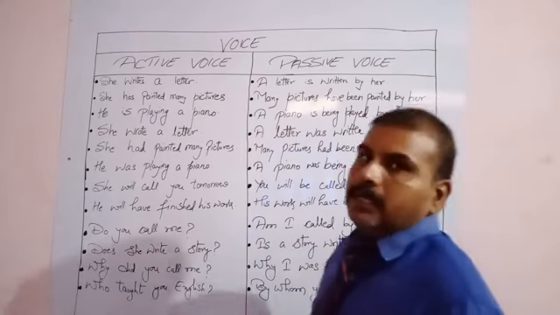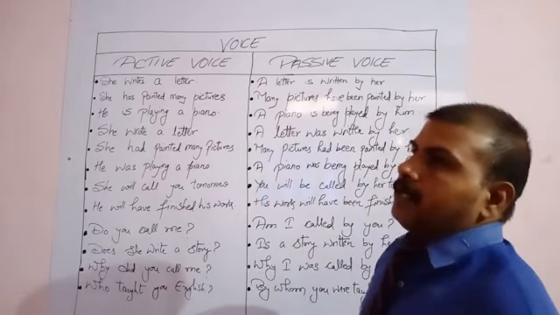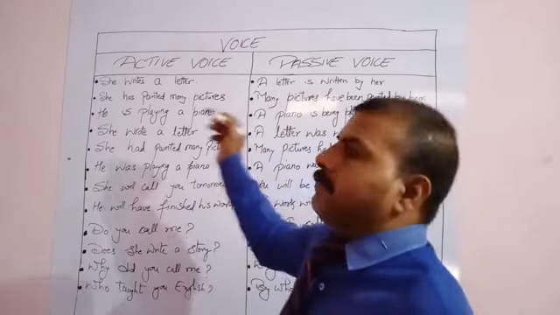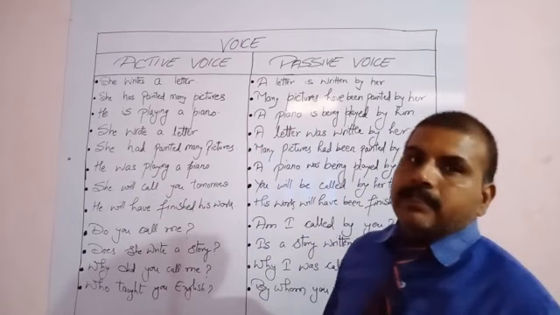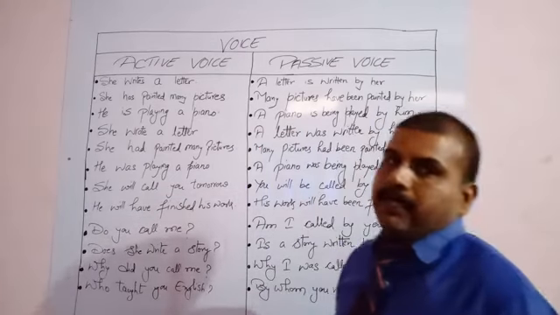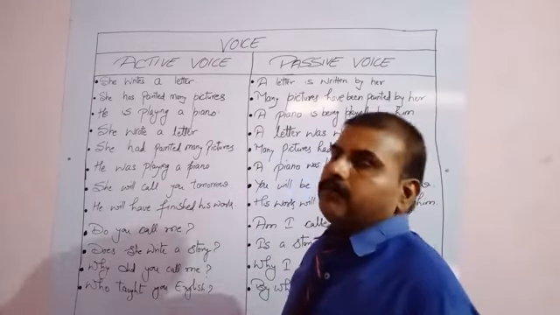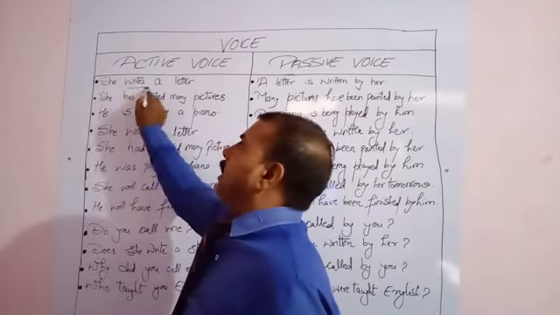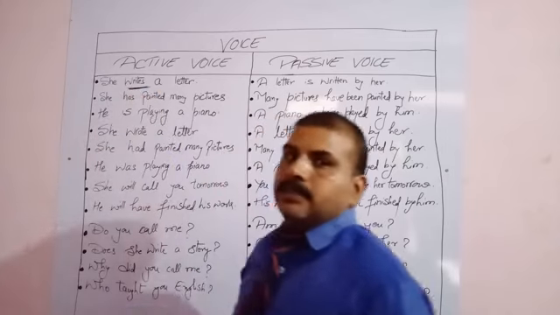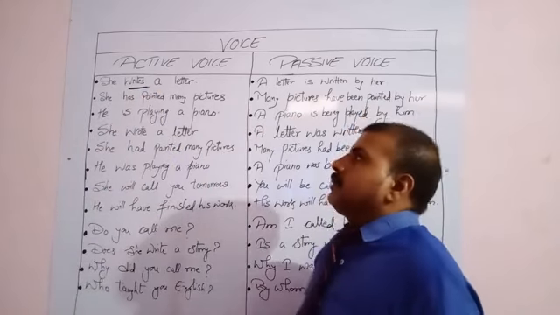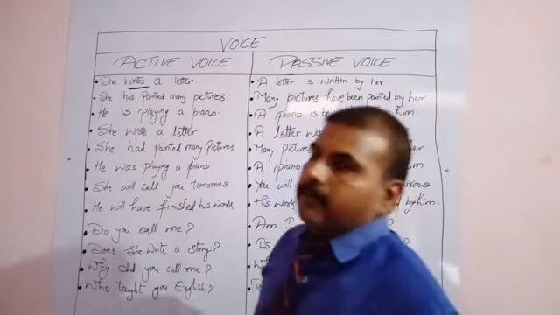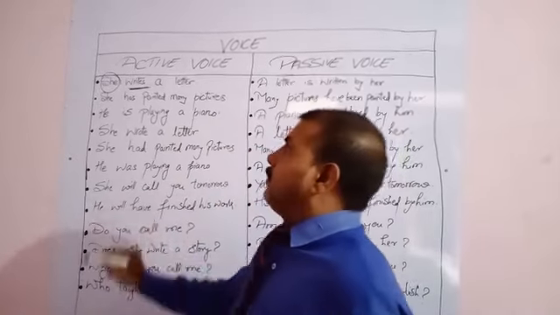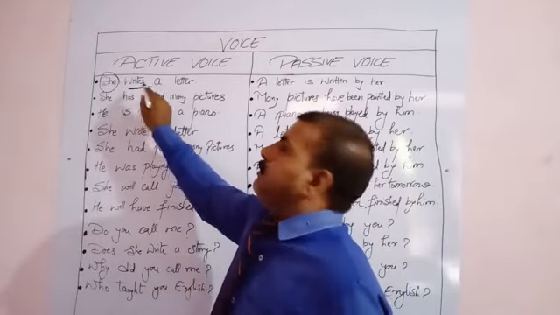She writes a letter. As I have taught you how to identify whether the verb of the sentence is in active voice or passive voice, first of all we have to identify the main verb. The main verb here is write. Now, who is the doer of the verb? The doer is she. And what is the receiver of this verb?